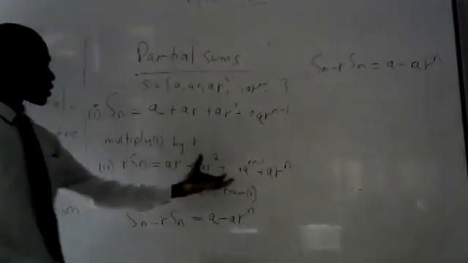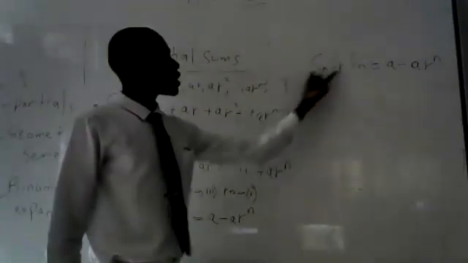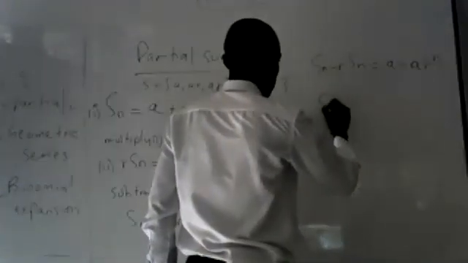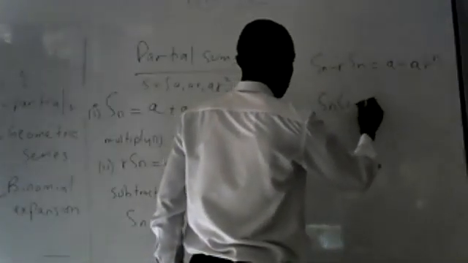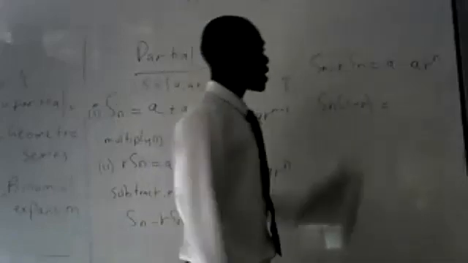So all the terms in between are useless for our sake. You can factor out Sn. The first term is 1, the second term is R. And on this side we can also factor out A, since A is common between A and AR to the n.